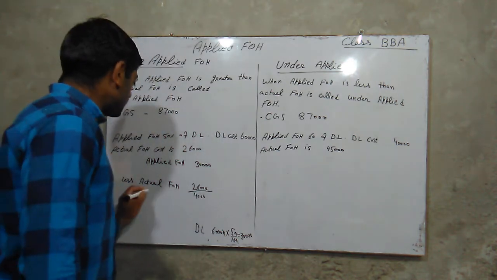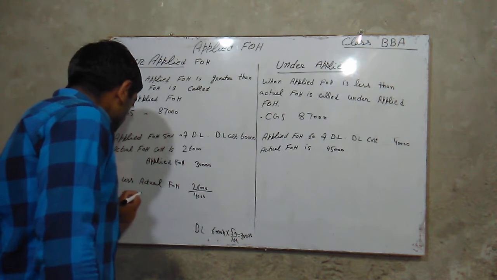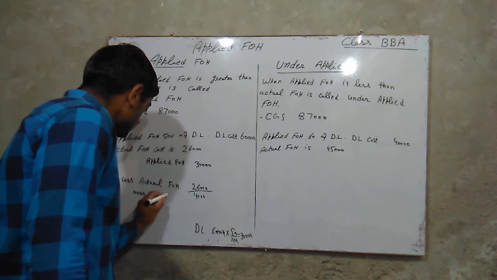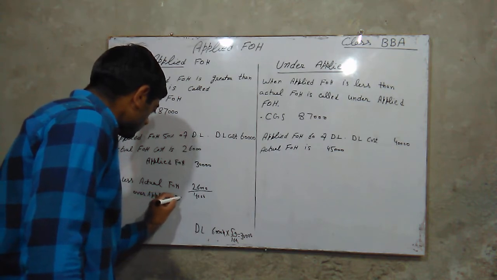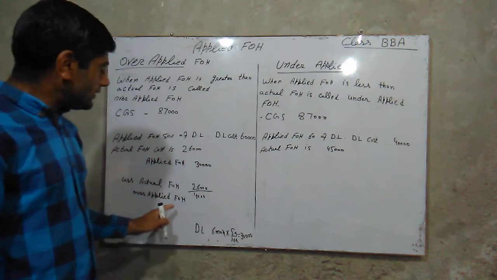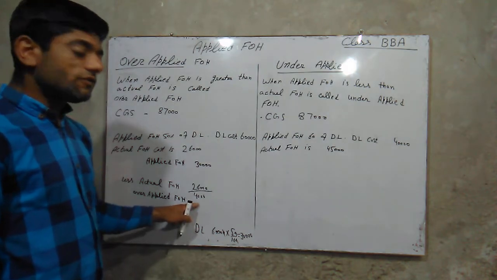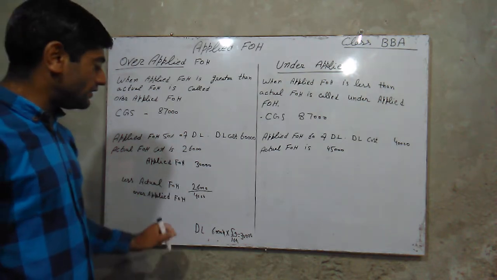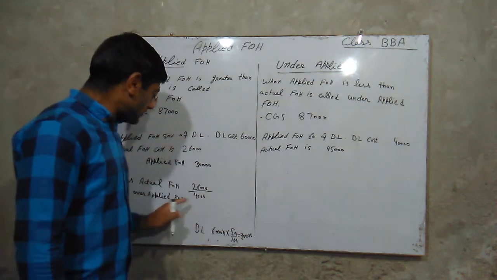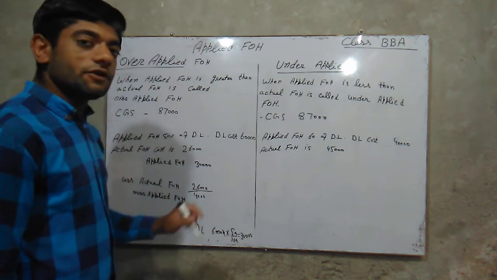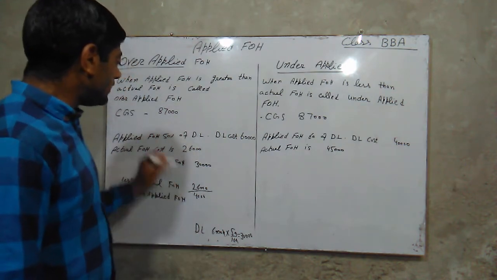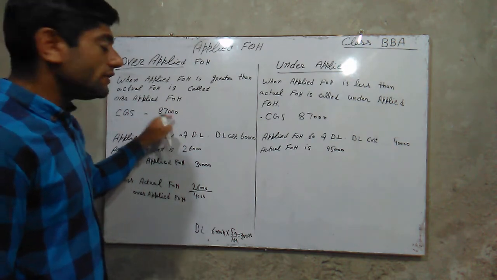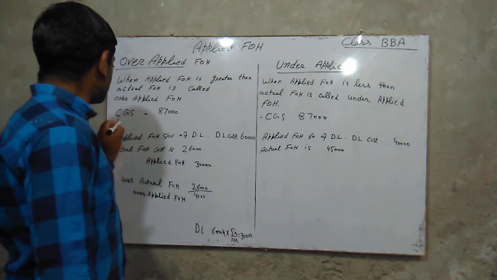This is our overapplied factory overhead, because applied FOH is greater than the actual factory overhead. If the value is overapplied factory overhead, then this value is subtracted from the cost of goods sold. Our cost of goods sold is 87,000, so less.